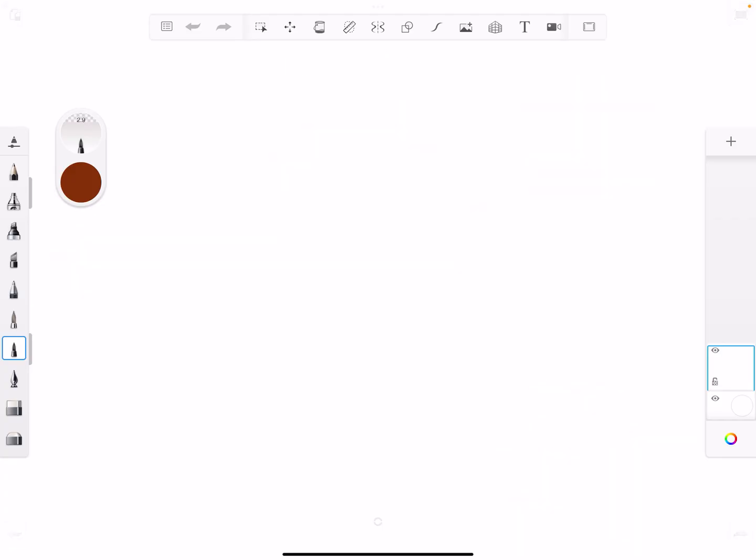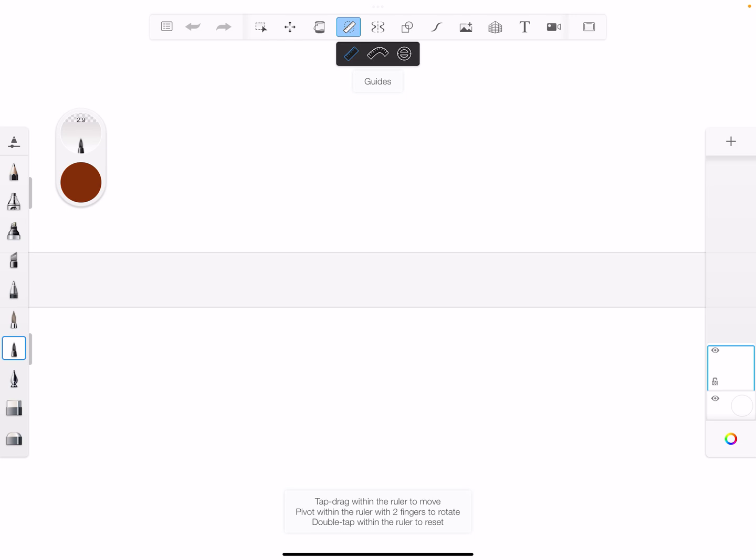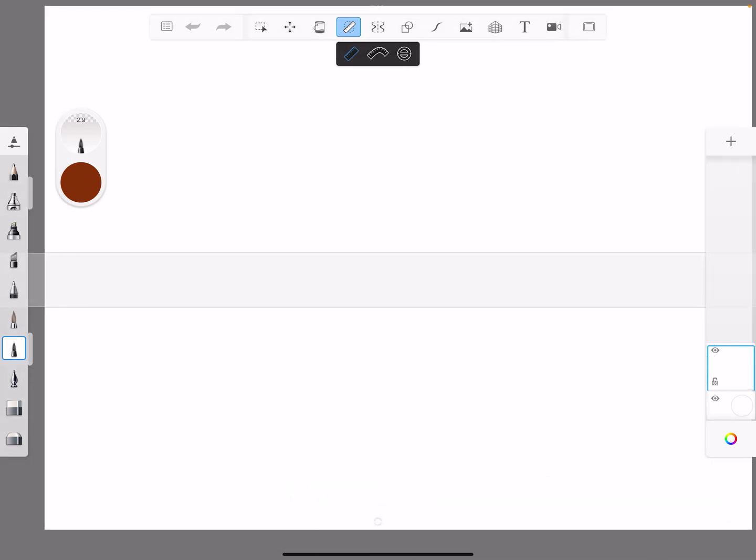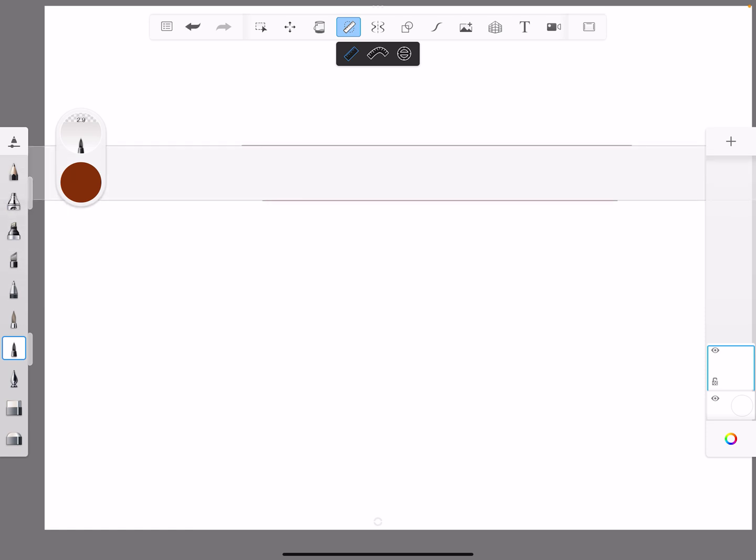Okay, so very, very straightforward, and I'm going to try and use my ruler here. This is like my rudimentary sketch. I'm going to try and get better, and I'm going to have these ready before the lesson next time.